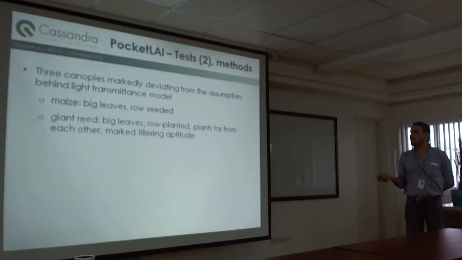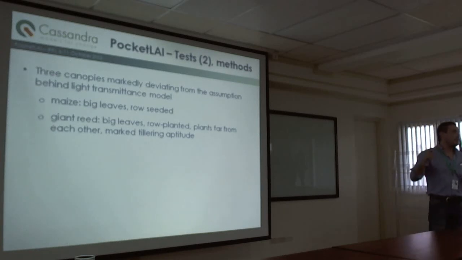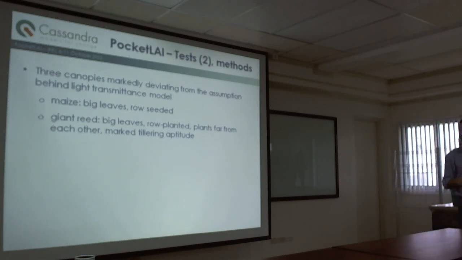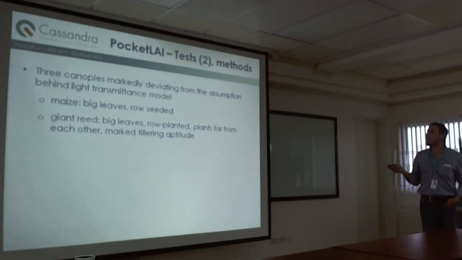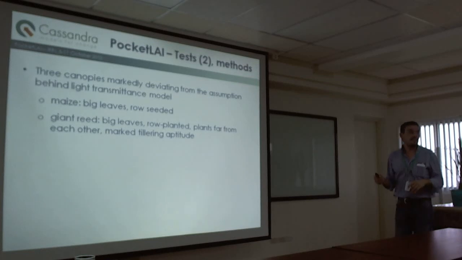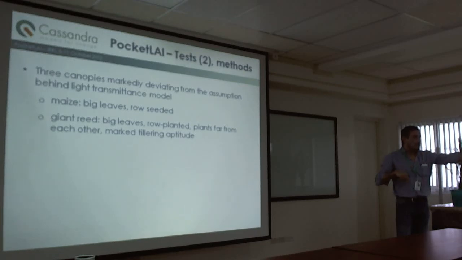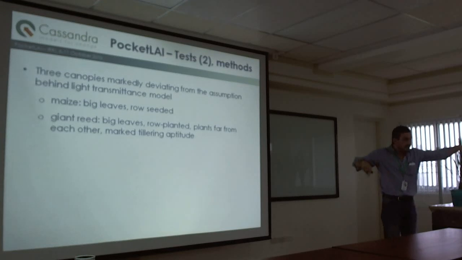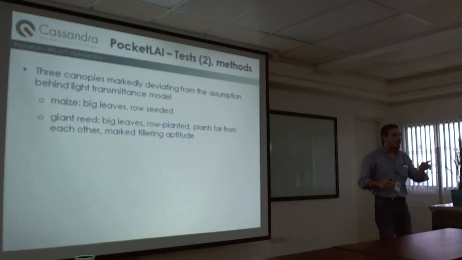Giant wheat, big leaves, in case it is grown for commercial purposes, for bioenergy. It's row planted, plants are very far from each other, and the plants have a marked tillering aptitude. Usually, they plant one plant each 2 meters, both in this direction and in this direction, and after 2 years, you have a completely closed canopy.